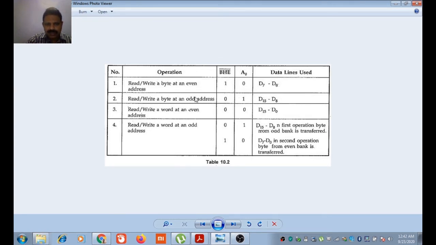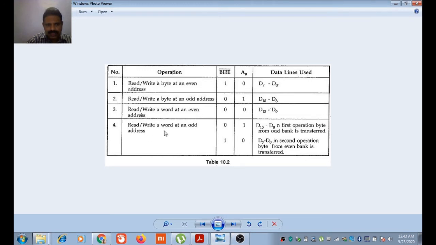The data from the odd address byte will appear on D8 to D15. To read or write a word starting at an even address, it has to put the even address on the address lines. That will make A0 equal to 0. Then the processor has to make BHE bar equal to 0. And then data will appear on D0 to D15, and the reading or writing can be completed by a single bus cycle.